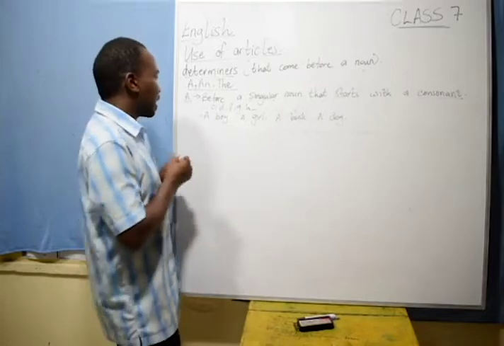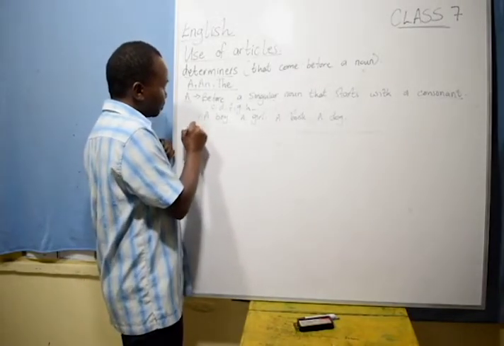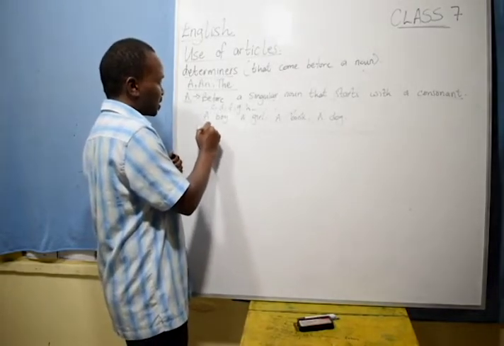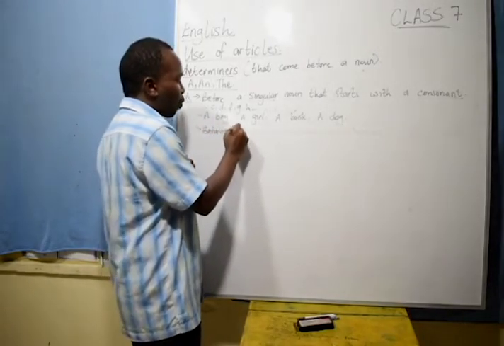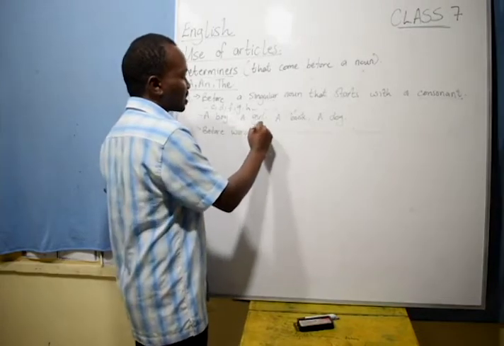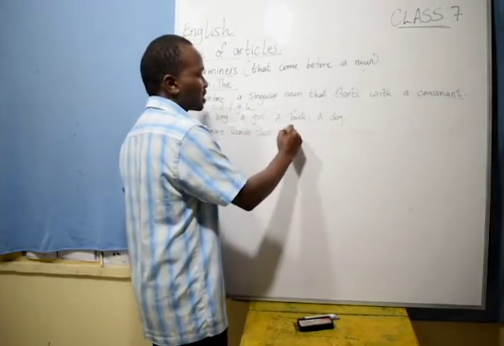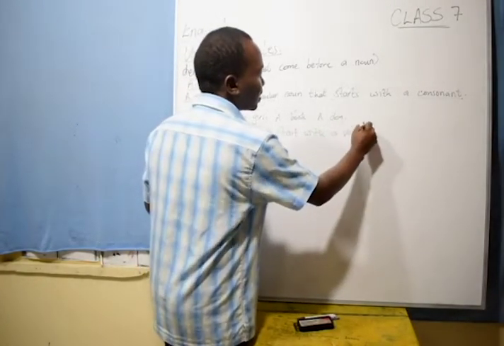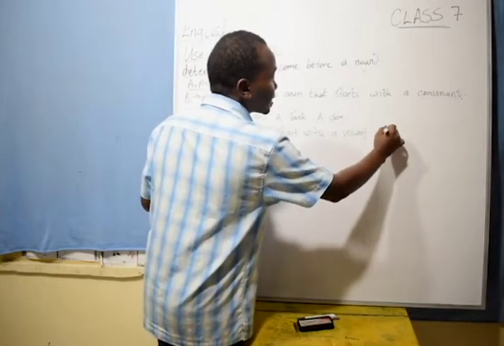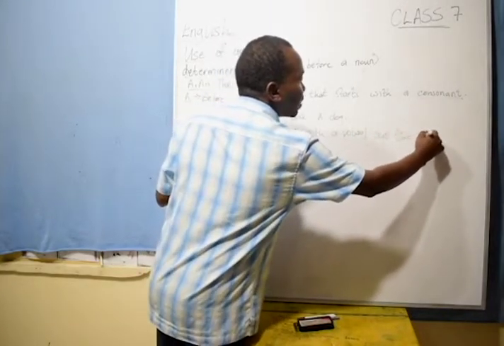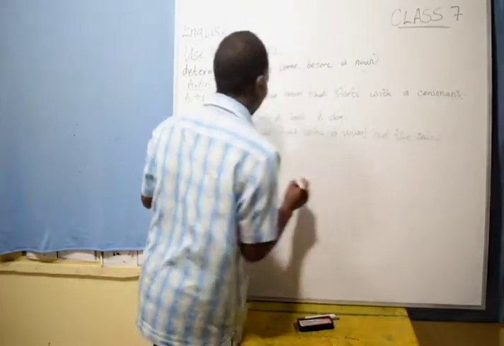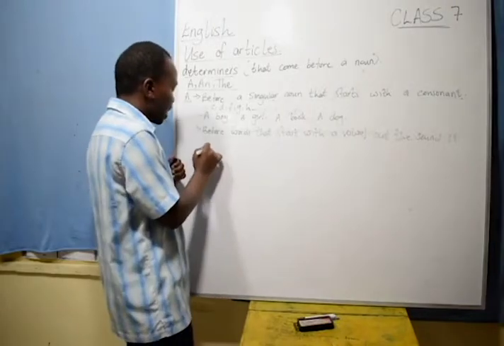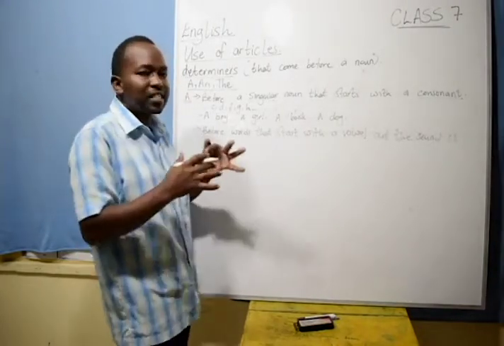Another use of article a is before words that start with a vowel, but the sound is Y. We have the sound of consonant Y before the vowels.